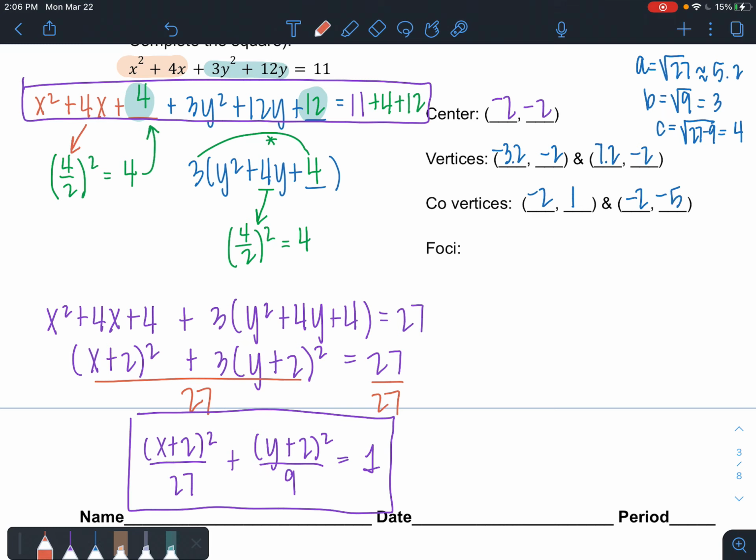And then the foci are going to be -2 plus or minus 4, -2. So we get -6, -2, and 2, -2. All right, that's all.